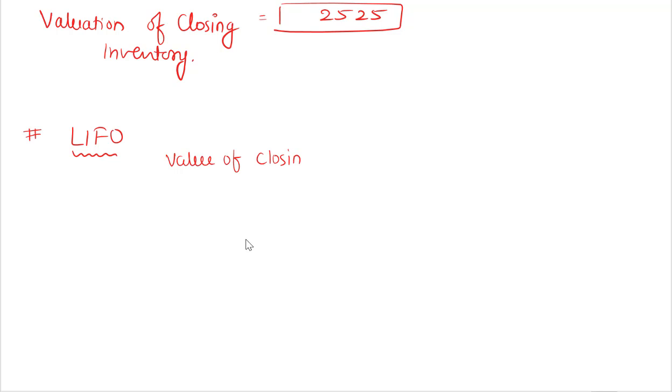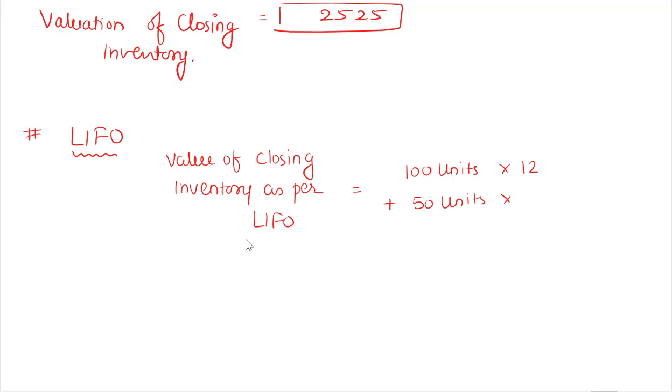Value of closing inventory as per LIFO equals 100 units multiplied by 12 plus 50 units multiplied by 12.5 plus 50 units multiplied by 13.